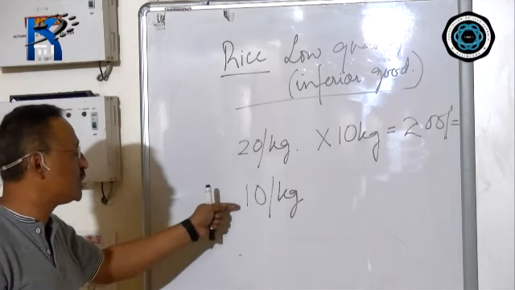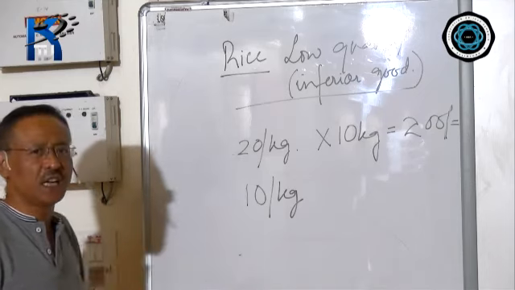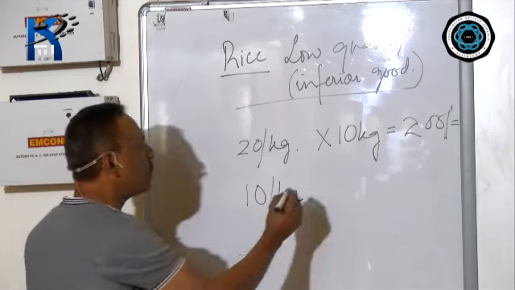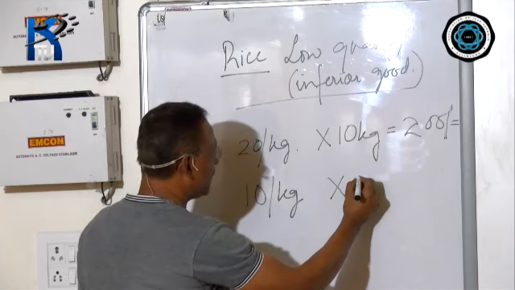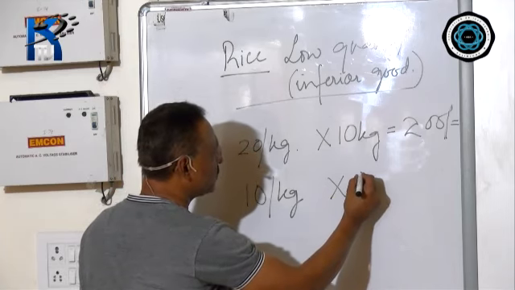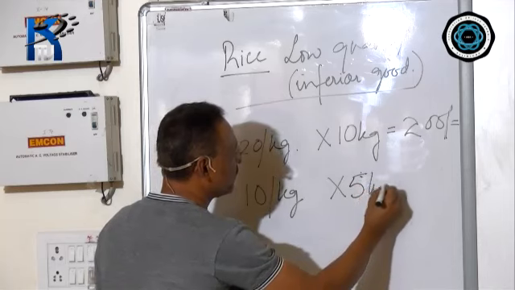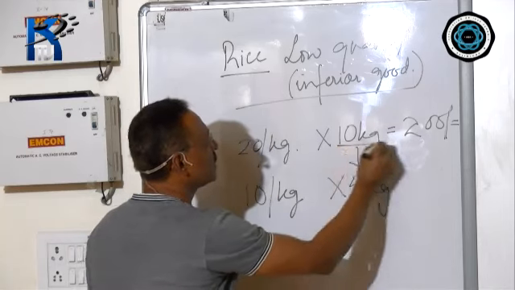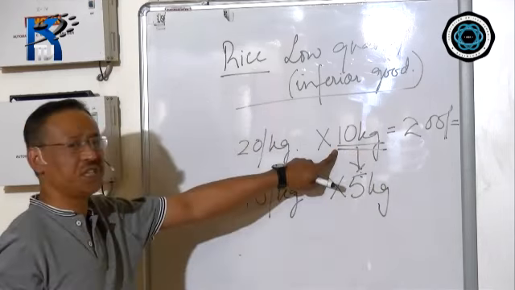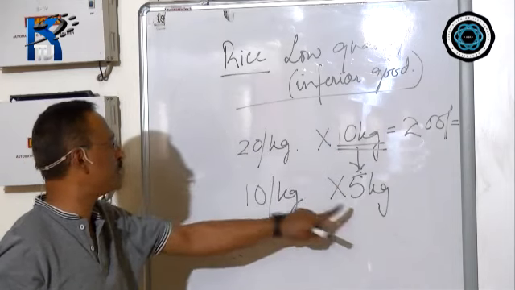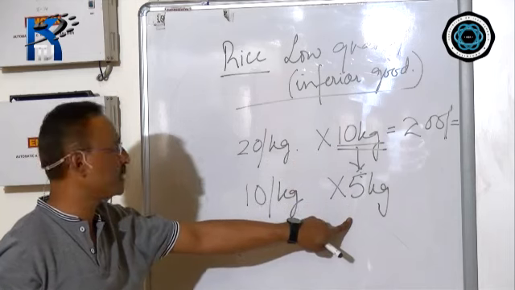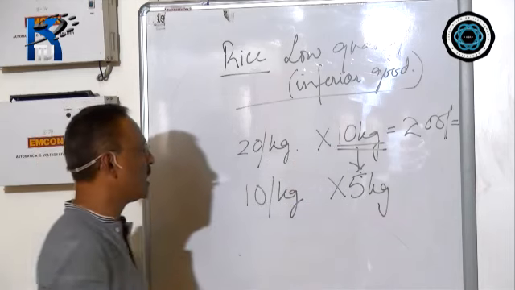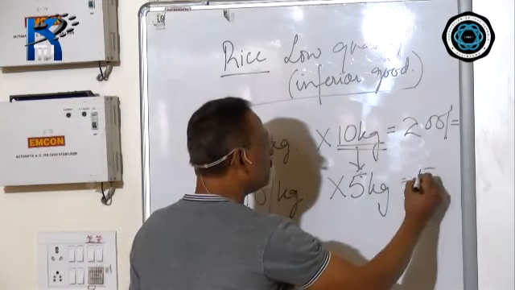Because when the price is cheaper, his real income is increasing. He will probably consume, let us say, 8 kgs, 6 kgs, 5 kgs. He was consuming 10 kgs, now he is going to consume 5 kgs. When the price falls, the quantity demanded decreased. It does not follow the law of demand. How much has he spent? Only 50 rupees.